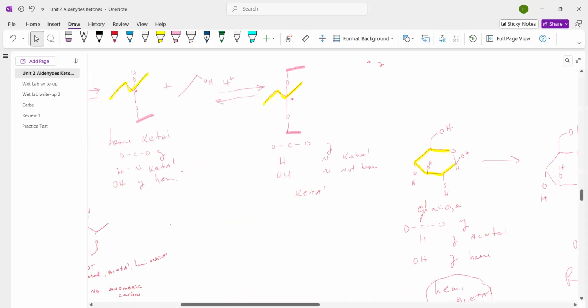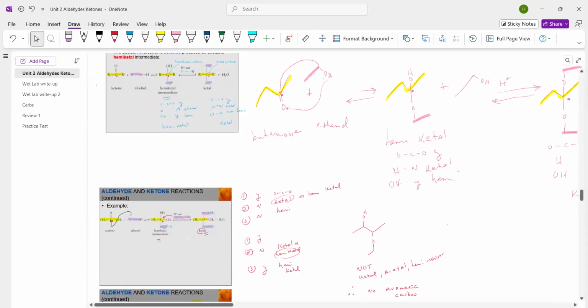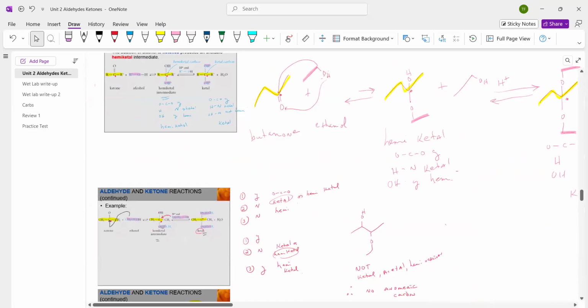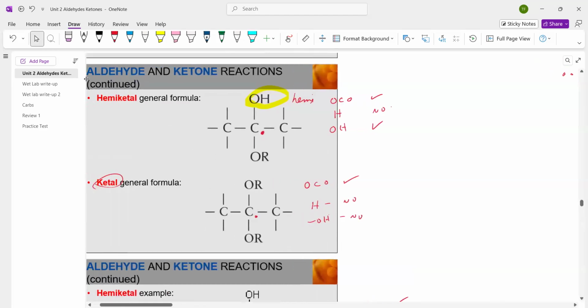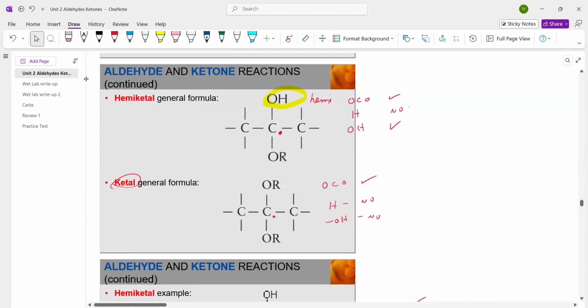Okay, so just in general, a hemiketal has to have an OH and another oxy group attached to the anomeric carbon with no hydrogen. It's got to be carbon, carbon.